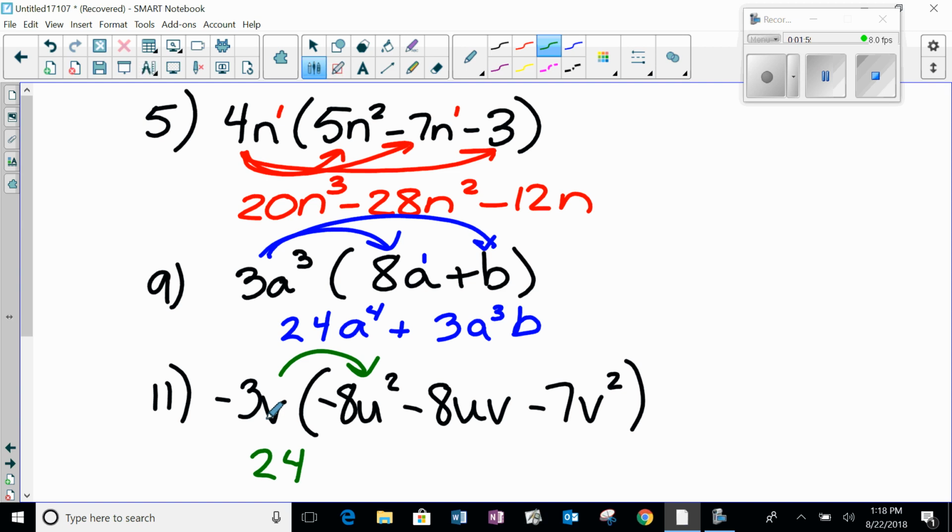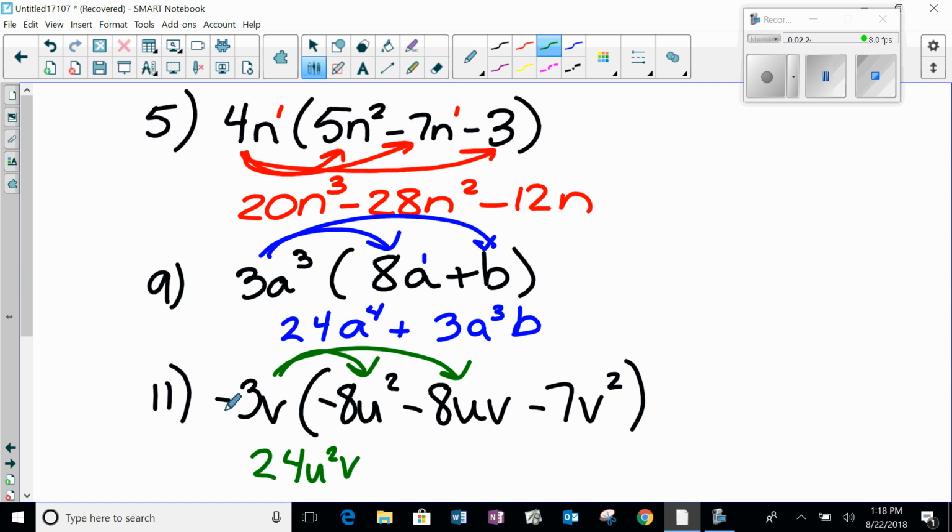These variables are not the same, so we're just going to write the variables side by side. It doesn't really matter which one comes first, however, you usually write them alphabetically. So what would I have? U squared v.